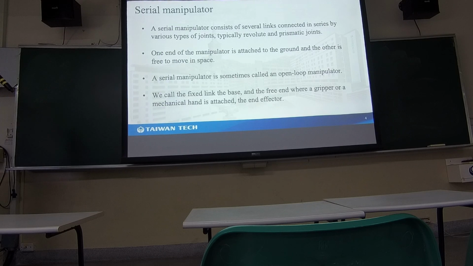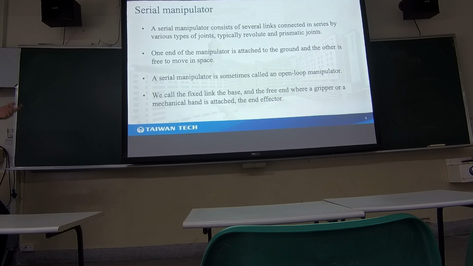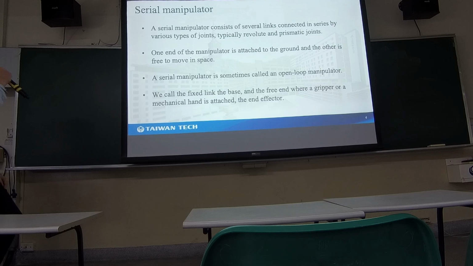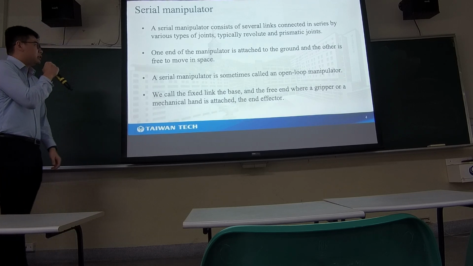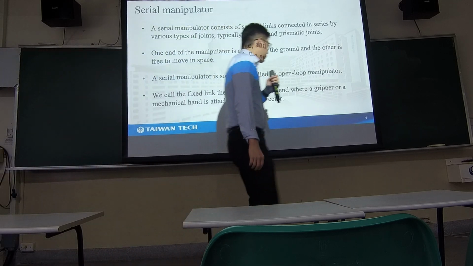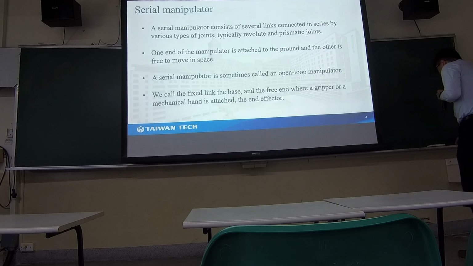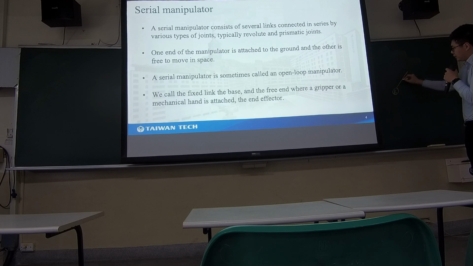As you know, a serial manipulator consists of several links connected in series by various types of joints, typically revolute or prismatic joints. So this is a robot. This is a revolute joint, then this is a link, and this is the prismatic joint.